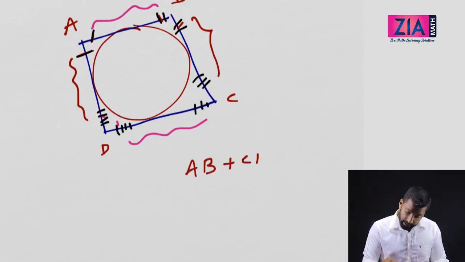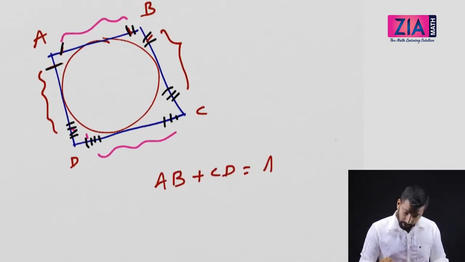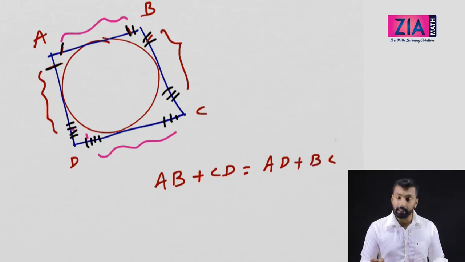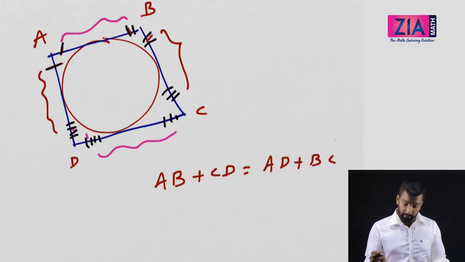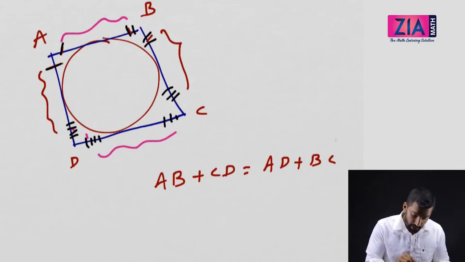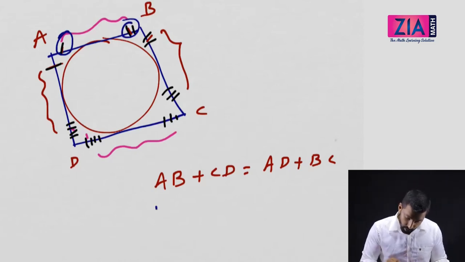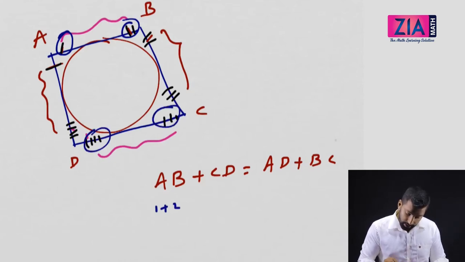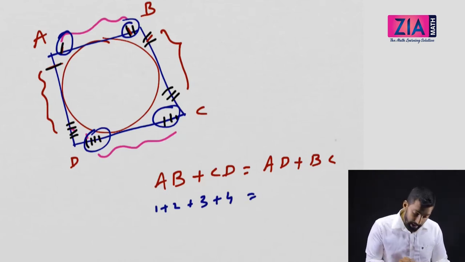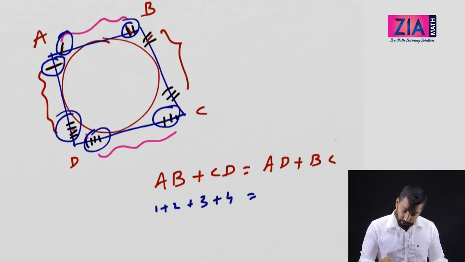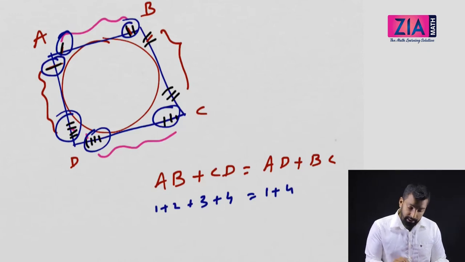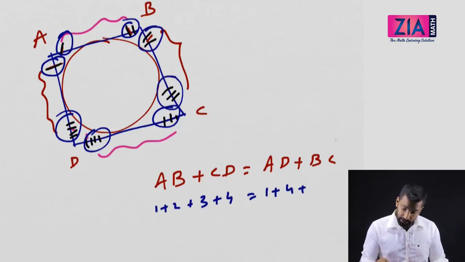AB plus CD is equal to AD plus BC. Very simple, right? From this diagram you can understand what is AB. AB is actually 1 and 2, so 1 plus 2. Then what is CD? 3 and 4, so plus 3 plus 4, which is equal to AD, which is 1 plus 4, and BC, which is 2 plus 3.